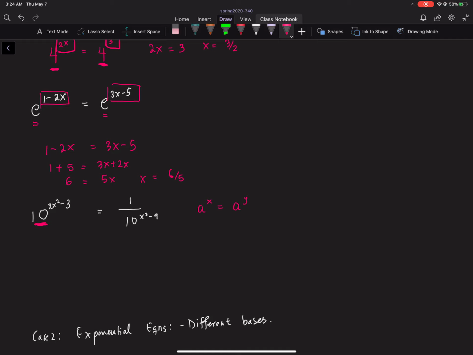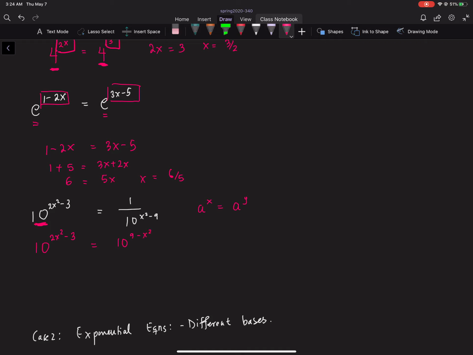So I can transform this a little bit by rewriting this as 10 raised to the 2x squared minus 3 is equal to 10, and if I return 10 to the x squared minus 9 to the numerator, that becomes 9 minus x squared.